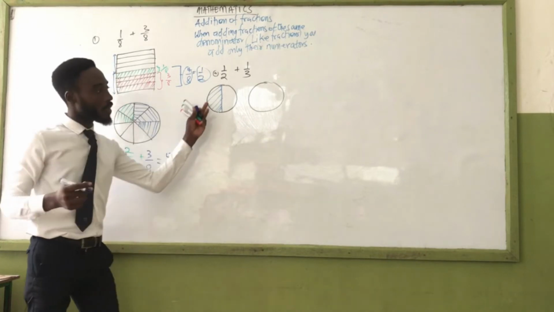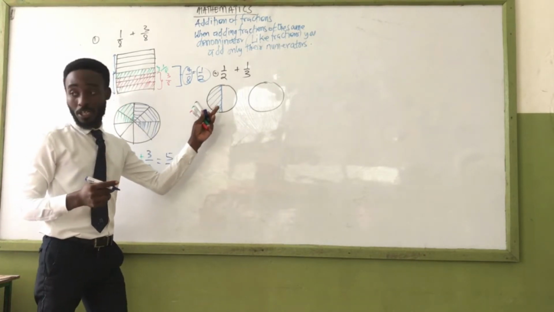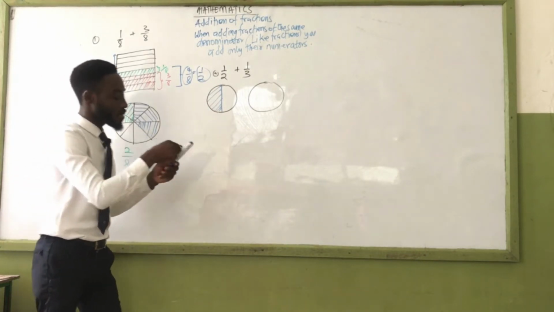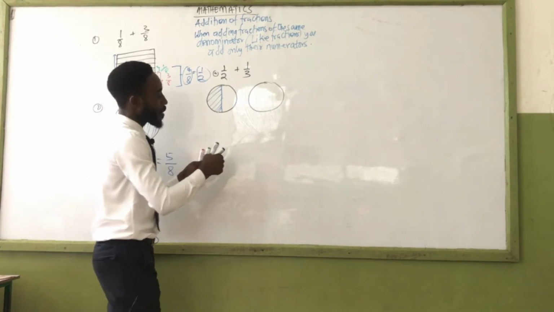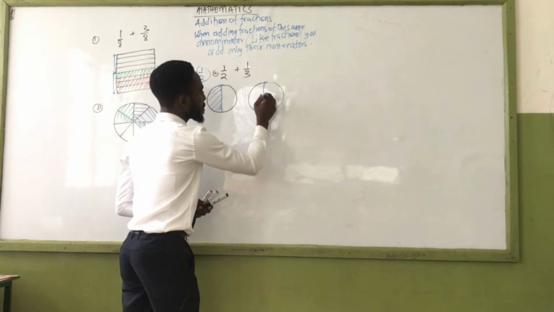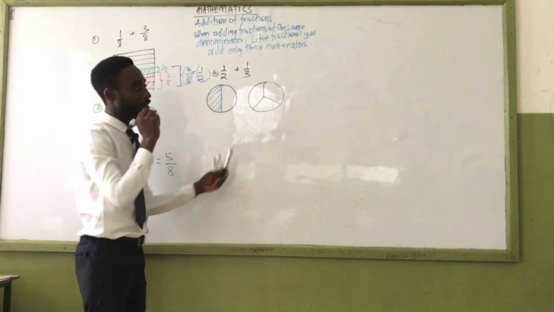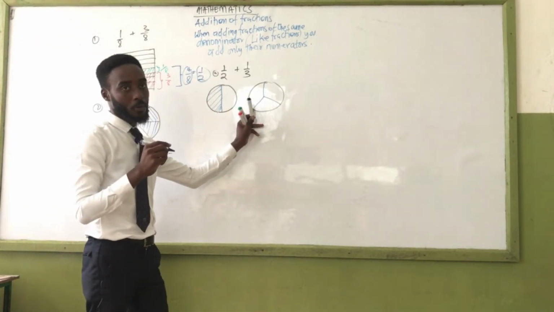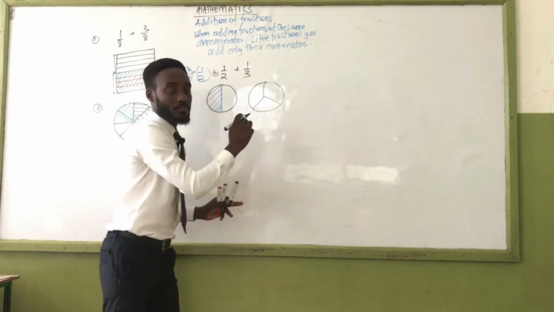Is that okay? What fraction is this? 1 out of 2. And this, I've shared it into 3 parts. Are we following? Yeah. Okay.